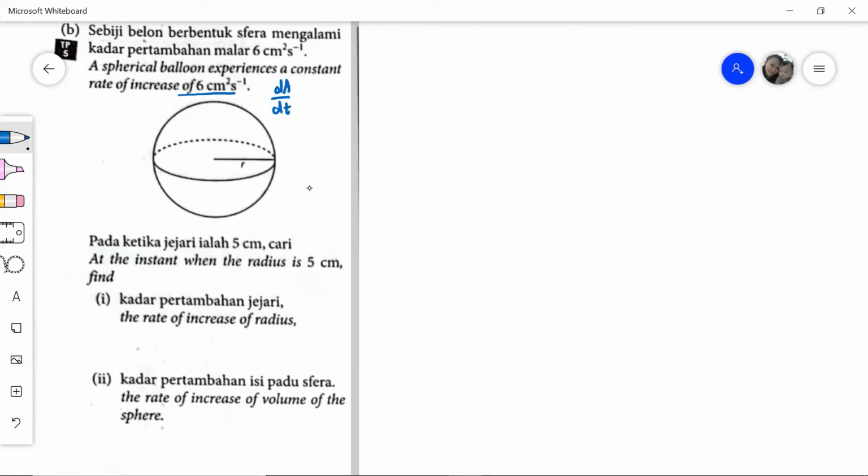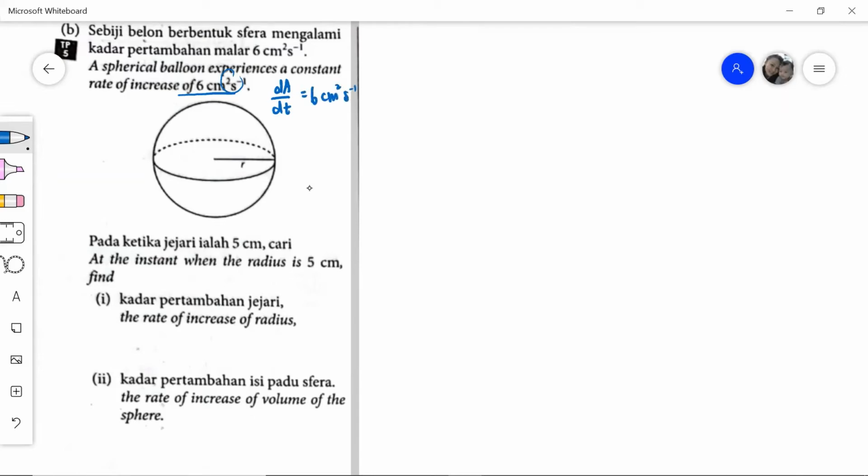Over here, it never mentioned increase in terms of what. However, by the unit, we know that it is area. So let's write it in symbol. dA by dt is 6 cm squared per second.